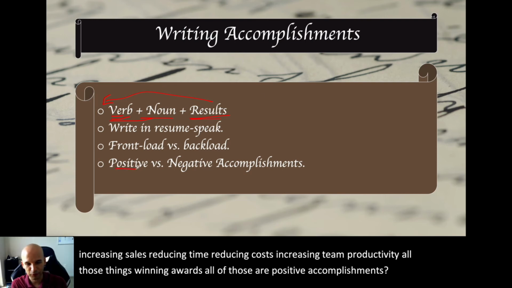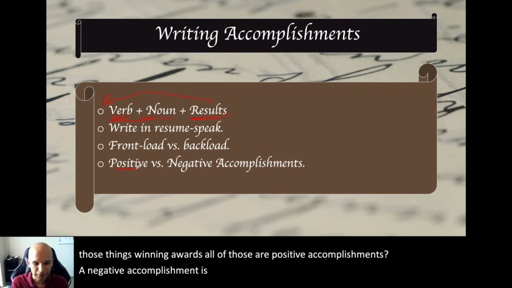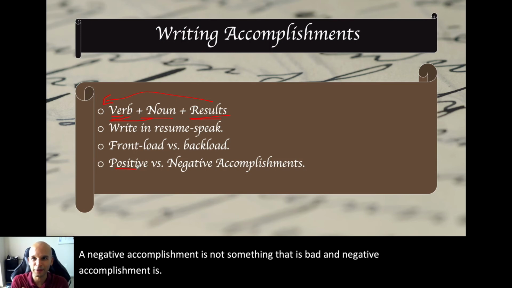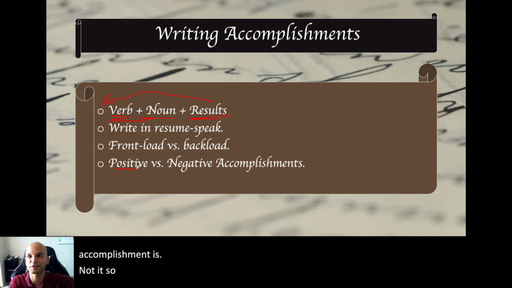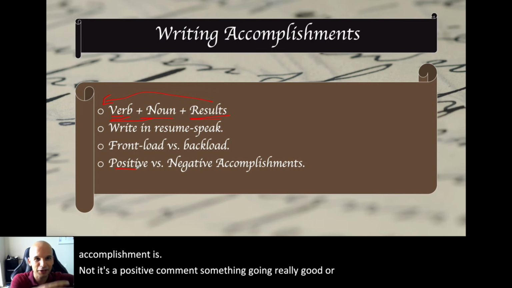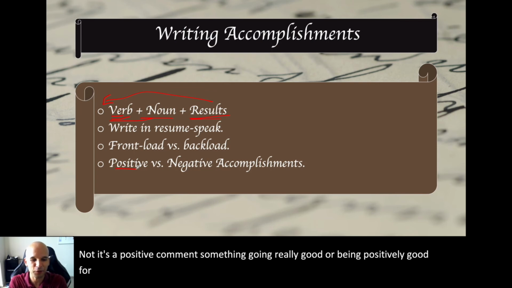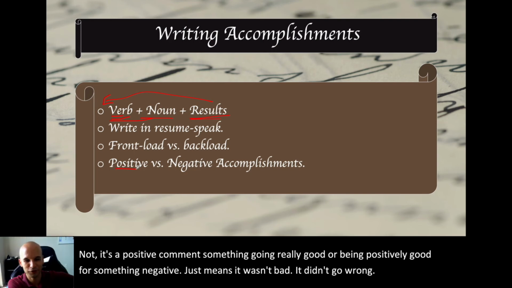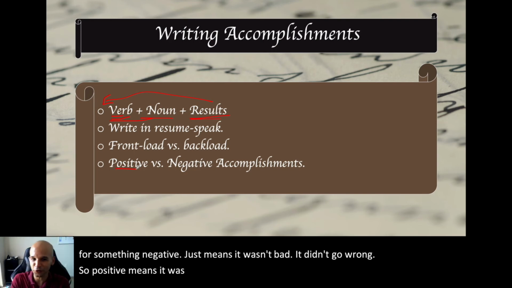A negative accomplishment is not something that is bad. Negative just means it wasn't bad. It didn't go wrong. Positive means it was good. Negative means it didn't go badly.